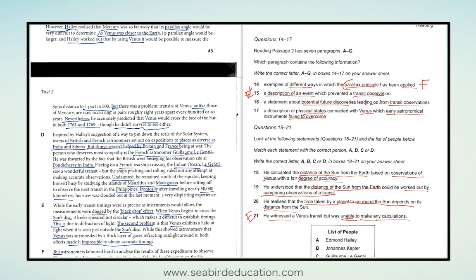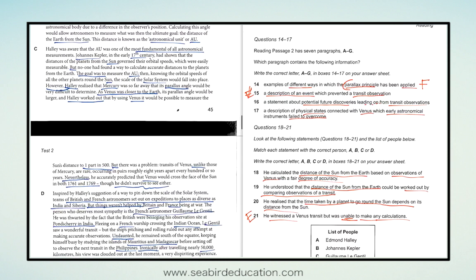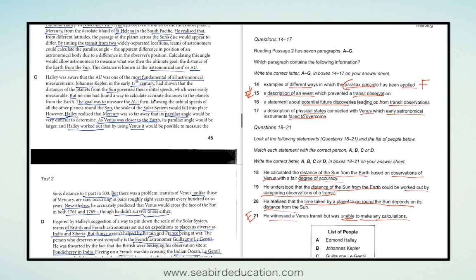So I don't think that's it there. Prevented transit observation. You expect it to be cloud or something.